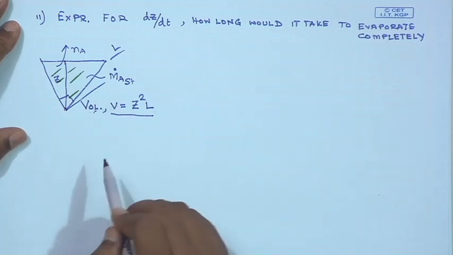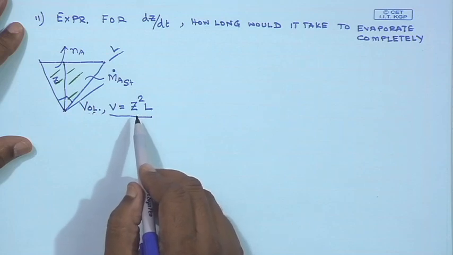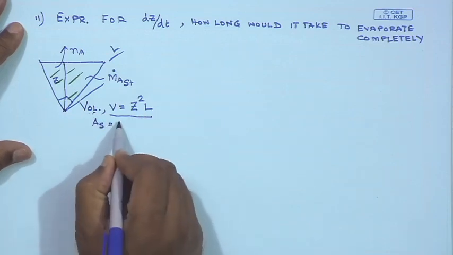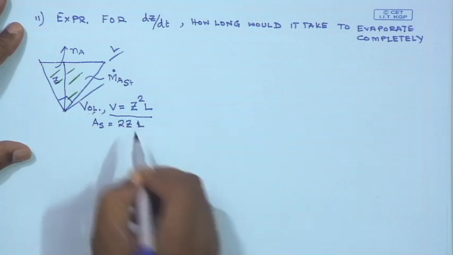So, this is the volume expression, and we have already seen the expression for the surface area. Surface area would be simply twice z times L.